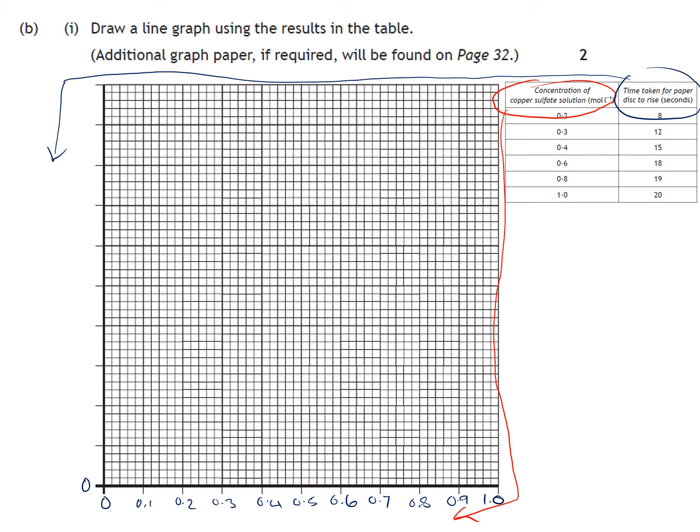So we're going up in 2, 4, 6, 8, 10, 12, 14, 16, 18, 20. I would actually probably prefer you to start it at a lower point, but it's okay because although this bit here is not going to be part of the graph, all of this is, and that is more than 50% of the scale.